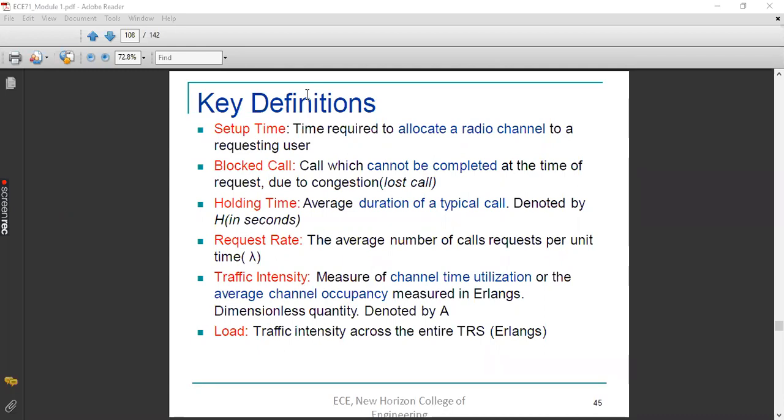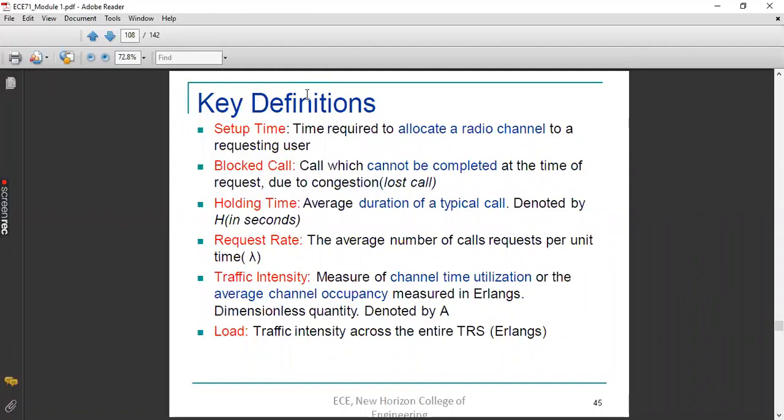That is, if the entire channel is occupied for all the observation interval, then we can say that the traffic intensity of that channel is 1 Erlang. Suppose you have 60 minutes of observation interval. Out of that 60 minutes, 30 minutes is busy, the channel is busy providing service to a customer. Then the remaining 30 minutes, the channel is free. In that case, the traffic intensity of the channel is 0.5 Erlang.